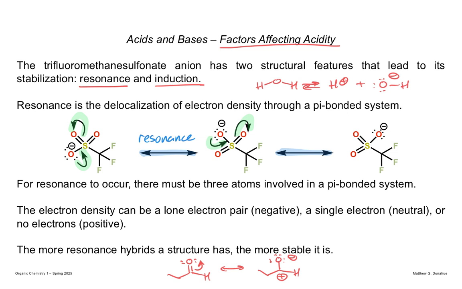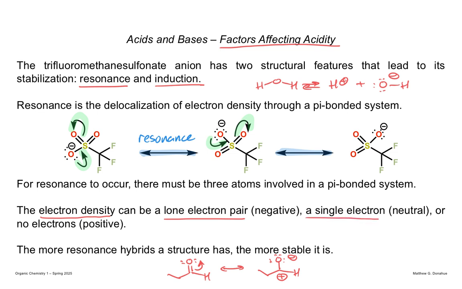But the important thing to remember about resonance is you are not moving the connectivity at all. The connectivity of the atoms stays the same. You're just moving electrons around. So in resonance, when we talk about electron density, that can mean a lone pair of electrons, so like a negative charge moving around.